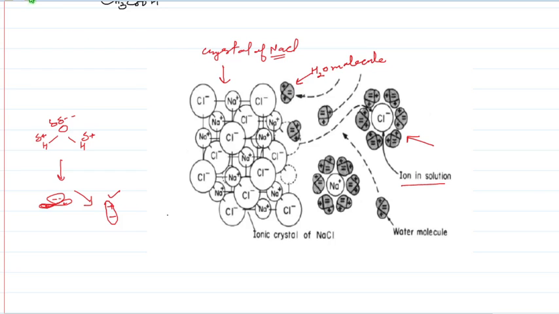Suppose we have a chloride negative ion, we can draw the dipoles around it.